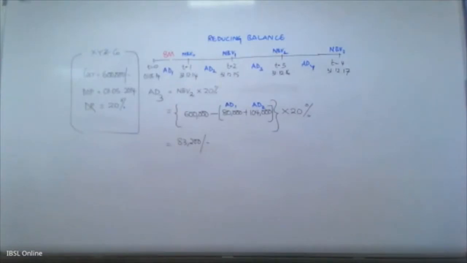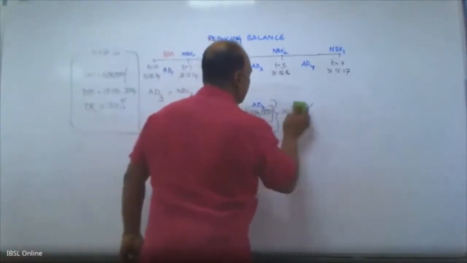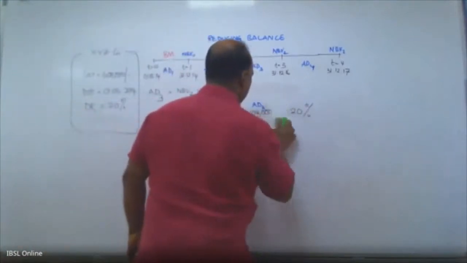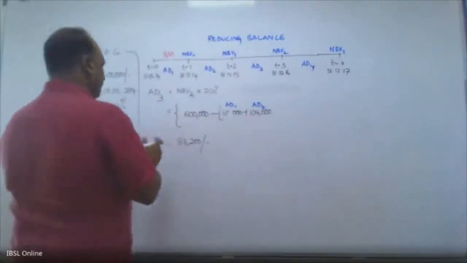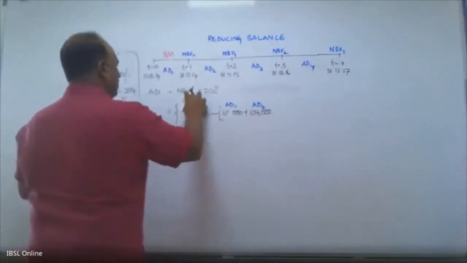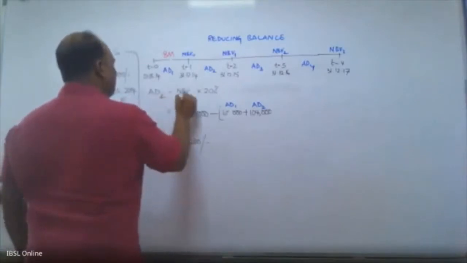So it has to be, what is the answer? 66,560. Yes, I think it's correct. But let's look at it quickly. So what will happen here? When you go to AD4, AD4 is net book value 3.